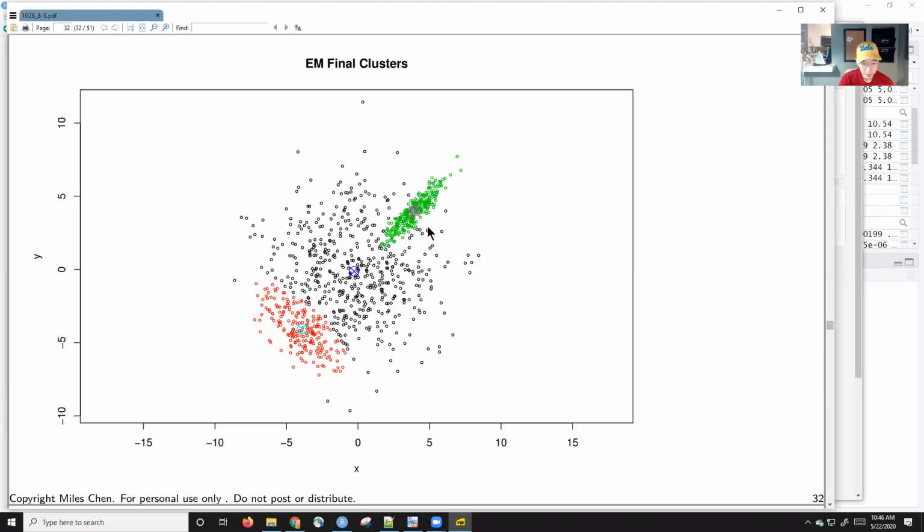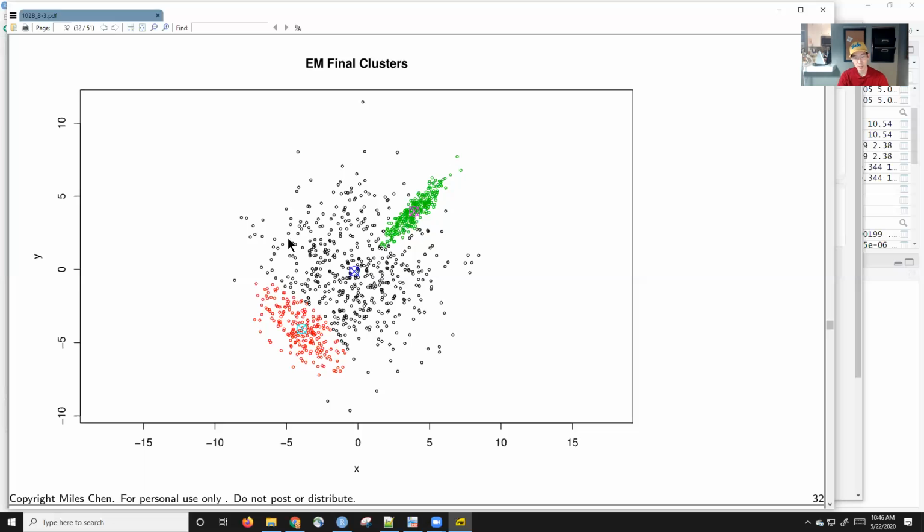Okay, and so these points get probabilistically assigned to red, and these points get probabilistically assigned to green. But again, these points are probably something like 51% green and 49% black, and 49% green, 51% black, or something like that. But again, when I color them, they just show up like this.